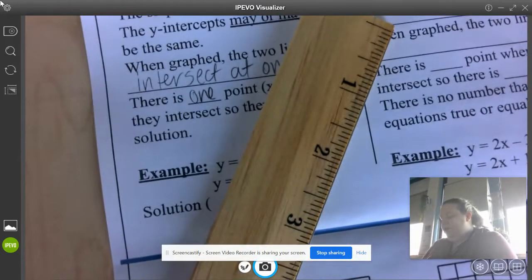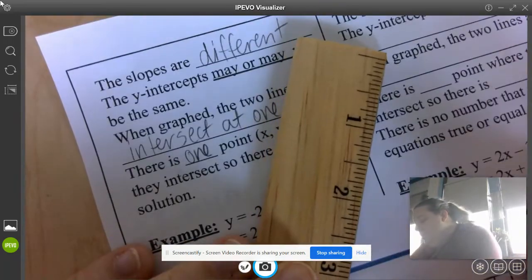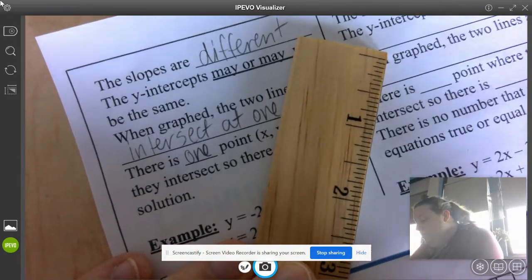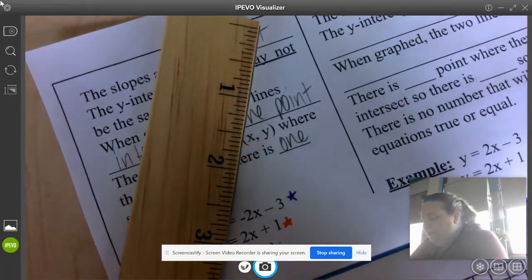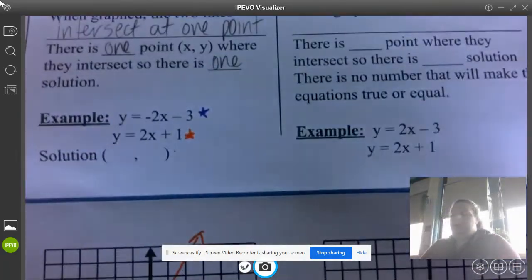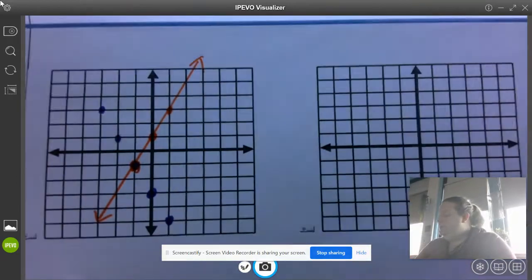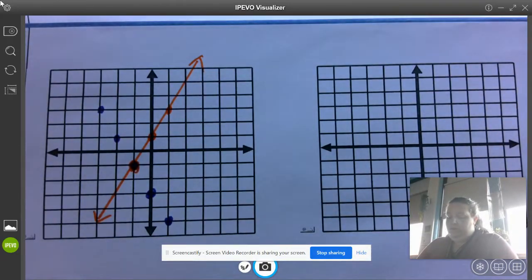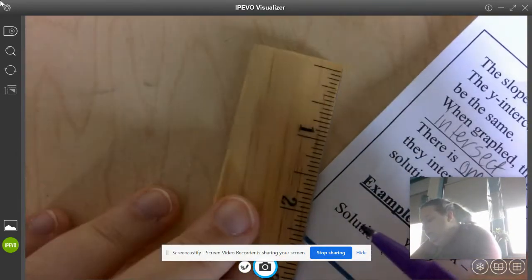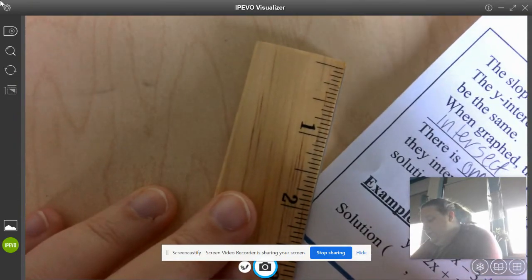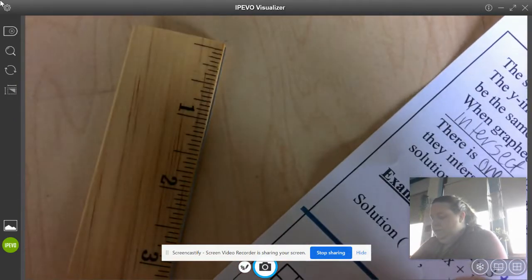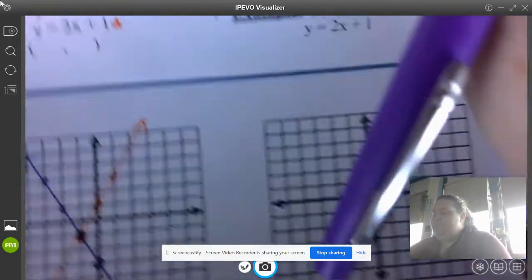When we are drawing lines on a graph, we try to go through the points as best we can and extend our lines a little bit, so we can show that the line continues. Then we do the same for the other line.